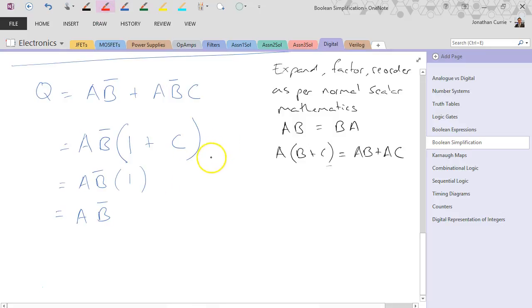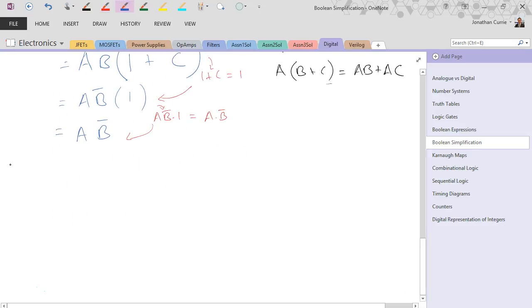So we would go 1 plus C equals 1 to get to here, and then we'd have that expression there, and this one is simply a factor. It's always a good idea to write down, especially if I'm marking it, what your steps were all the way through. Don't just stop here and expect me to work out what the final form is, or just jump from the top one to the bottom one. I want to see the working as you go through these problems.